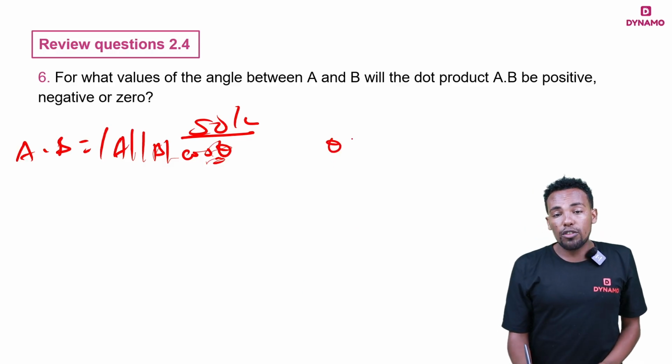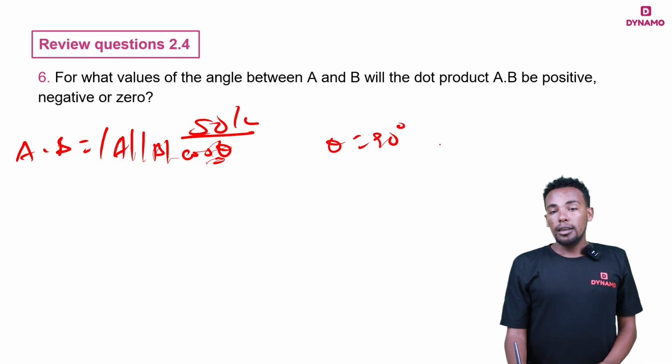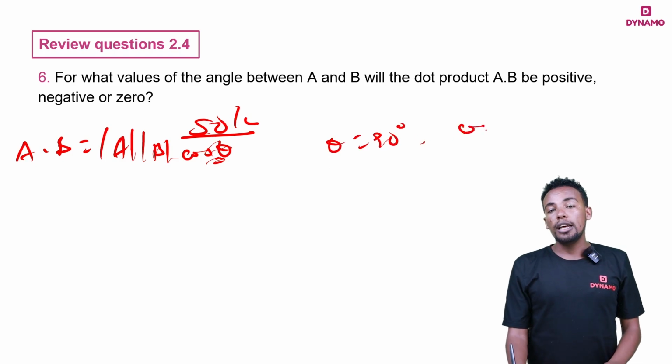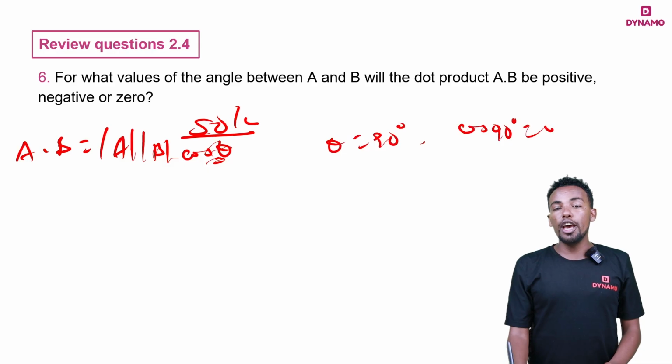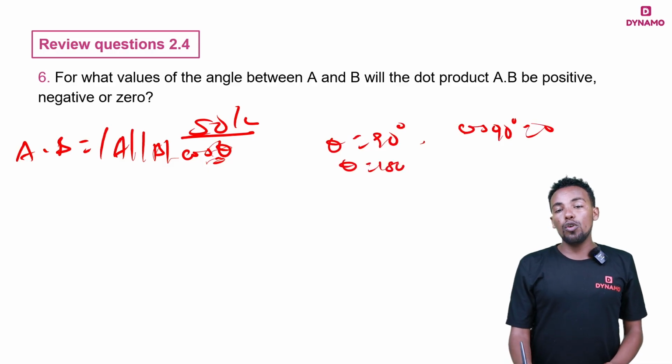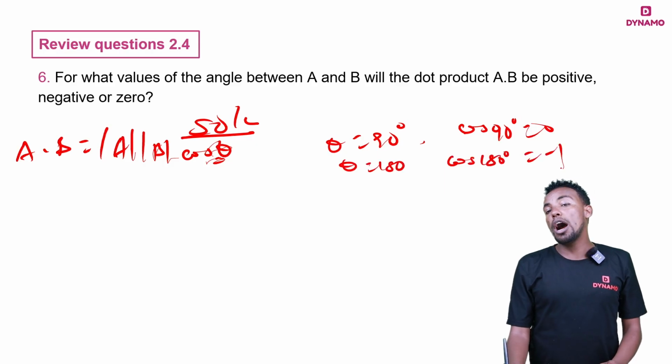For example, at theta equal to 90 degrees, cos of 90 degrees is 0. At theta equal to 180 degrees, cos of 180 is negative 1.